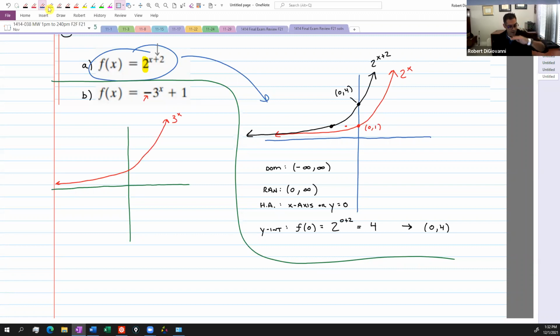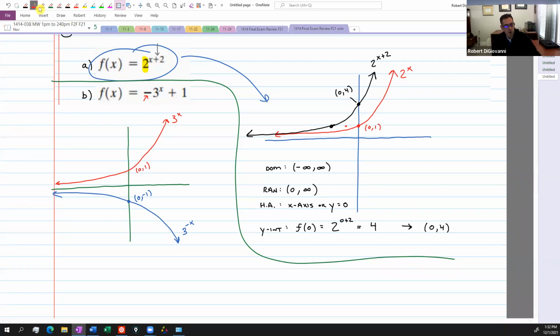Reflect over the x-axis, right? So this gives me a reflection down here like this. This is now negative 3 to the x. So now I'm hitting here. So this is actually (0, -1). It started out as (0, 1) and got reflected over.